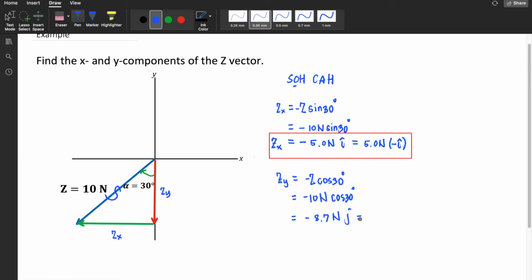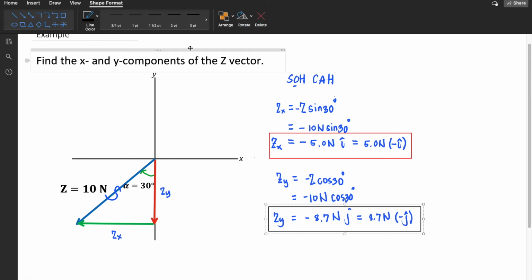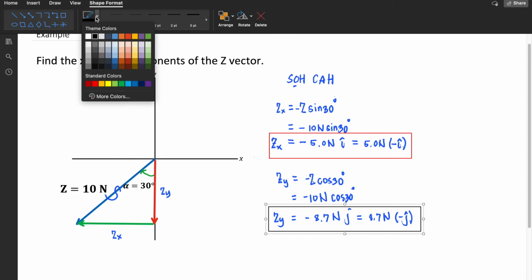Or it can also be written in this form as 8.7 newtons, and then you'll have negative j hat. So that would be its x and y components. So here, take note that as a review, there are many ways to write your vectors.